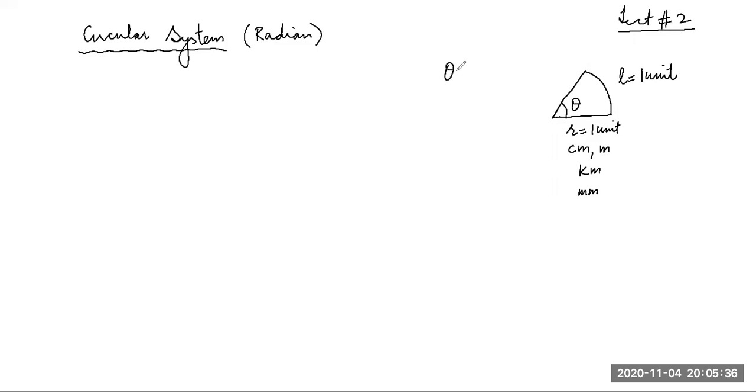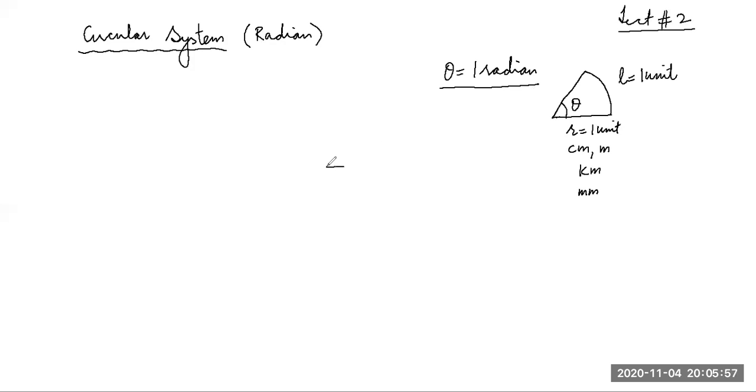That angle theta is equal to 1 radian. This is the definition of a radian: the angle subtended at the center by an arc of length 1 unit in a circle of radius 1 unit.